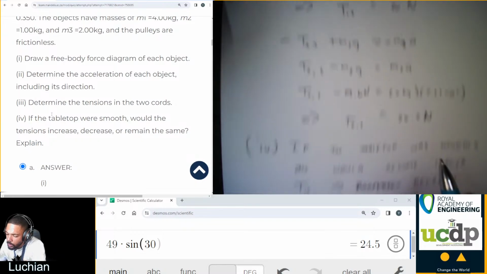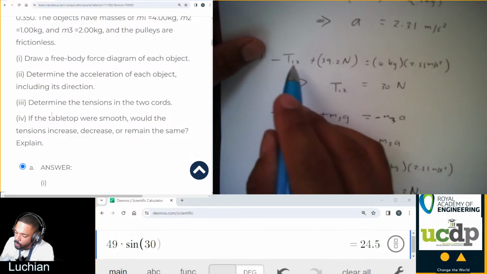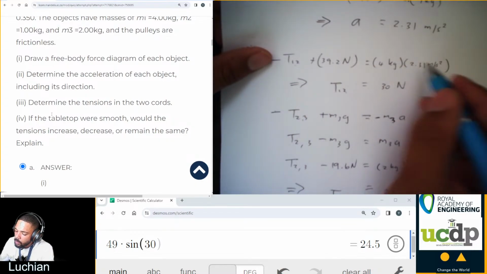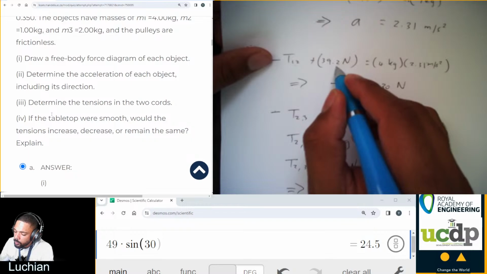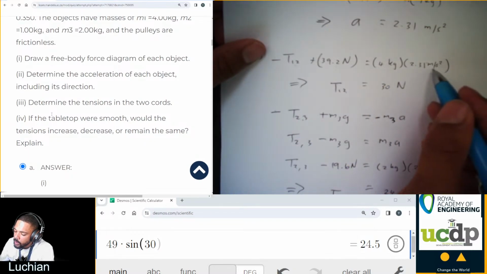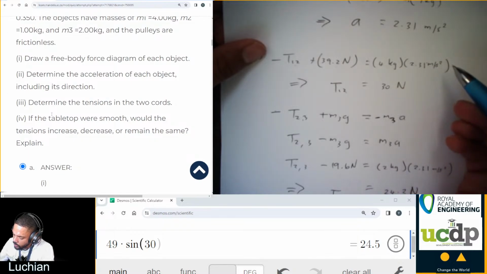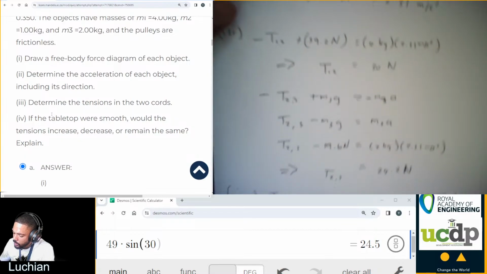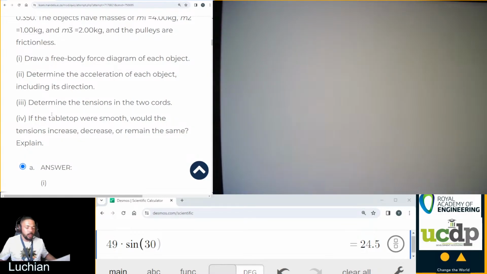The tension here is equal to that minus this. Basically, if you divide throughout by the mass, if the acceleration becomes larger, on this side the tension would decrease and it will increase in the bottom one. Just some dimensional analysis there that was required.